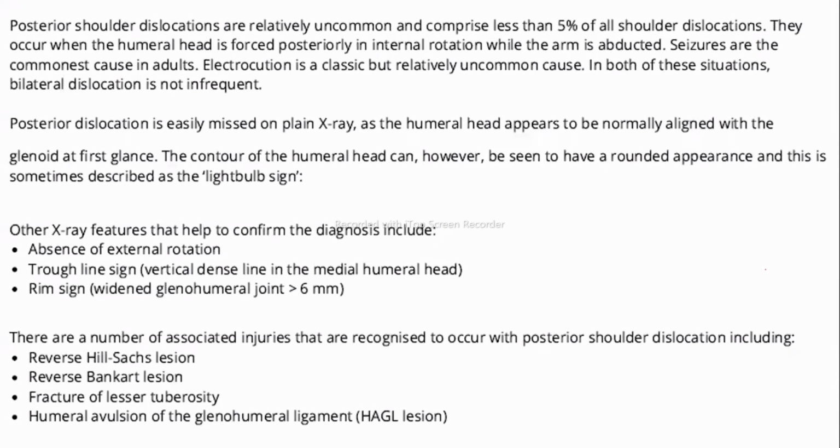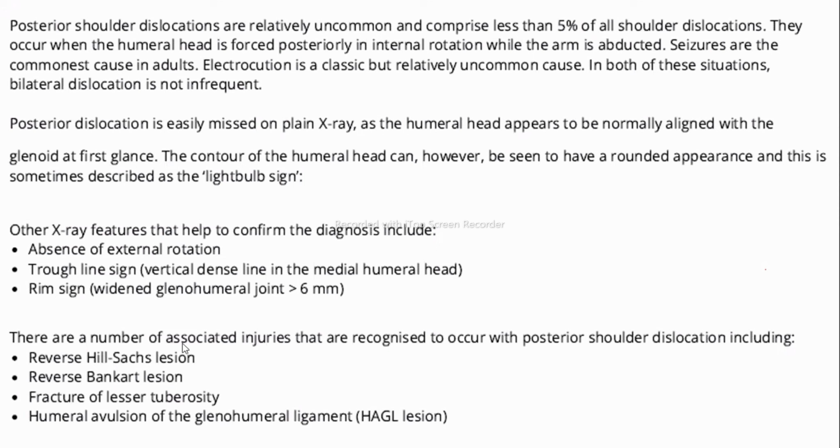Because of the dislocation, these muscles may not be working. How do you understand whether these muscles are working or not? You have to reduce first. After reduction, you can test the infraspinatus and teres minor. Also the two-line sign, a vertical dense line in the medial femoral head, and the rim sign. Be familiar with that, they can ask you in the exam.